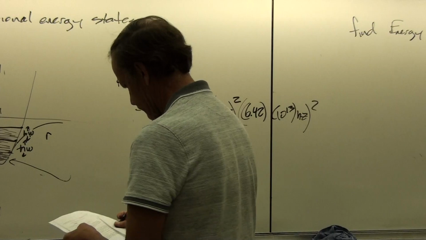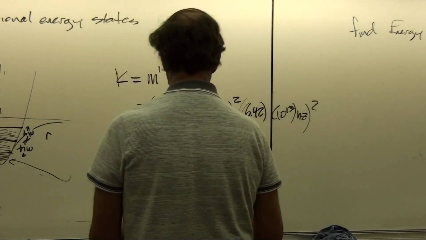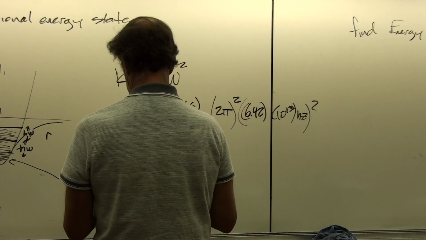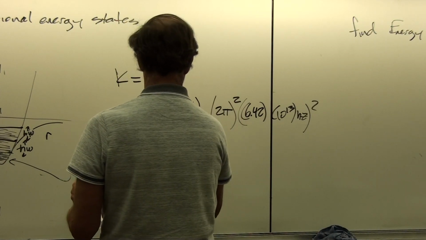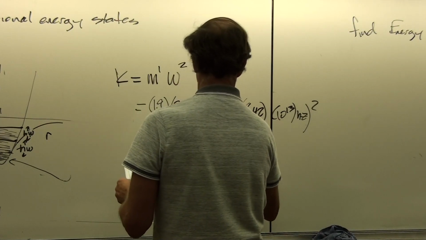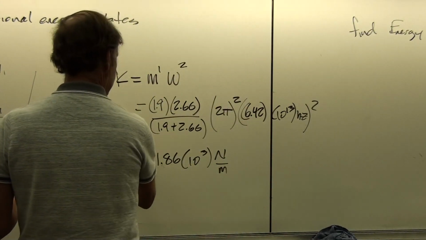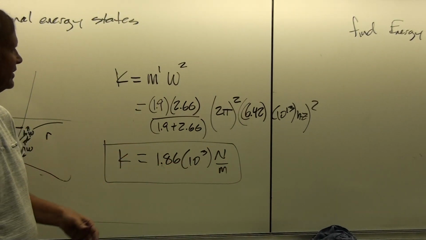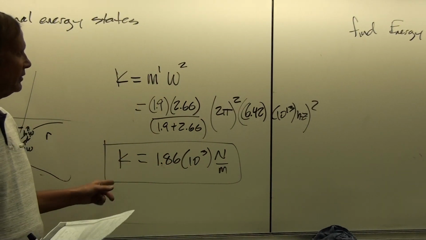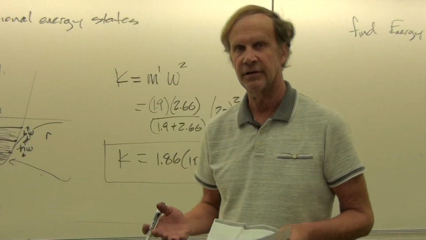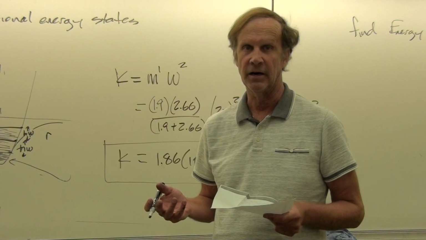Yeah, so it's 1.86 times 10 to the 3 newtons per meter. So this spring constant then is something like 1,860 newtons per meter, which is somewhat comparable to the spring constant for the support springs on a car.